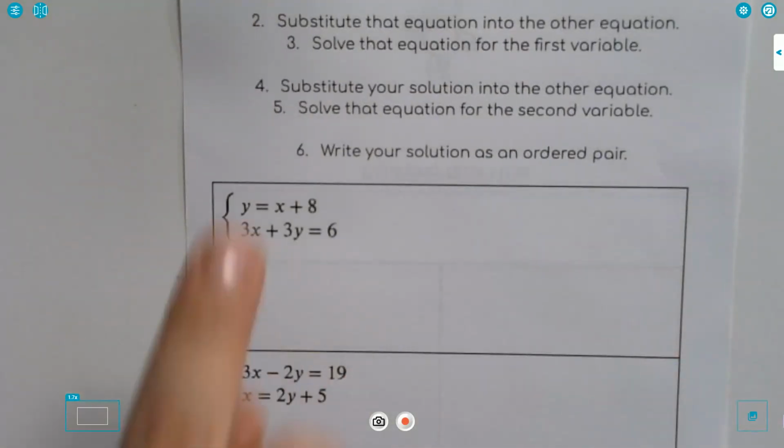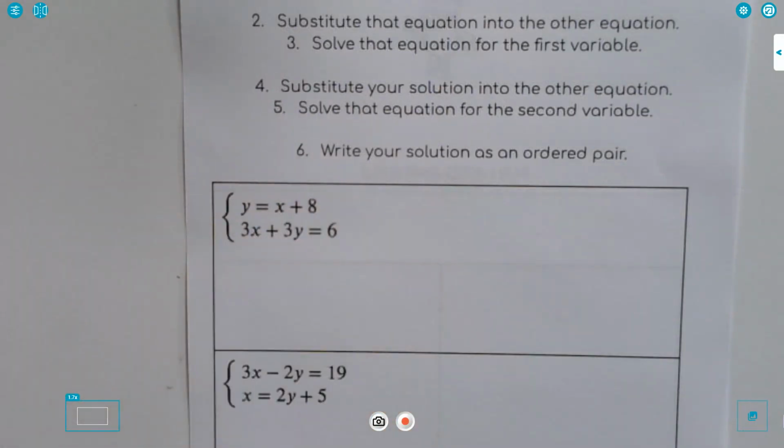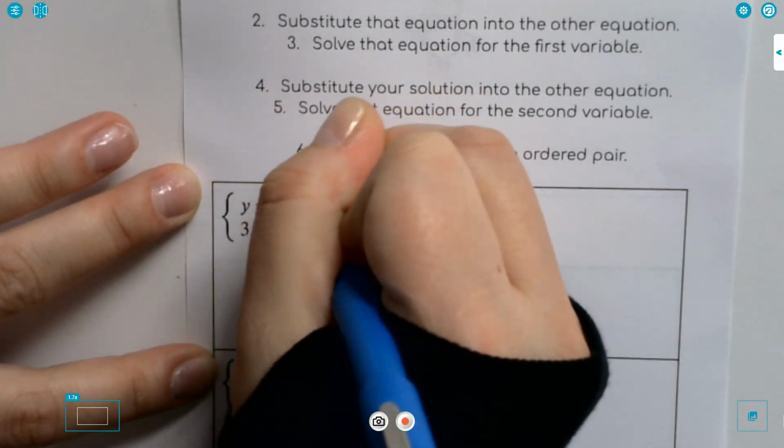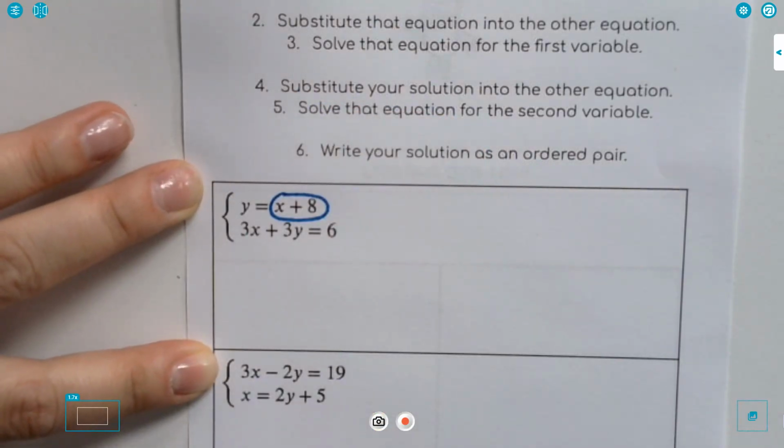So, this first system here, we've got y equals x plus 8, and 3x plus 3y equals 6. We are looking for the equation that is solved for either x or y. This first equation is solved for y. So it is y equals x plus 8.